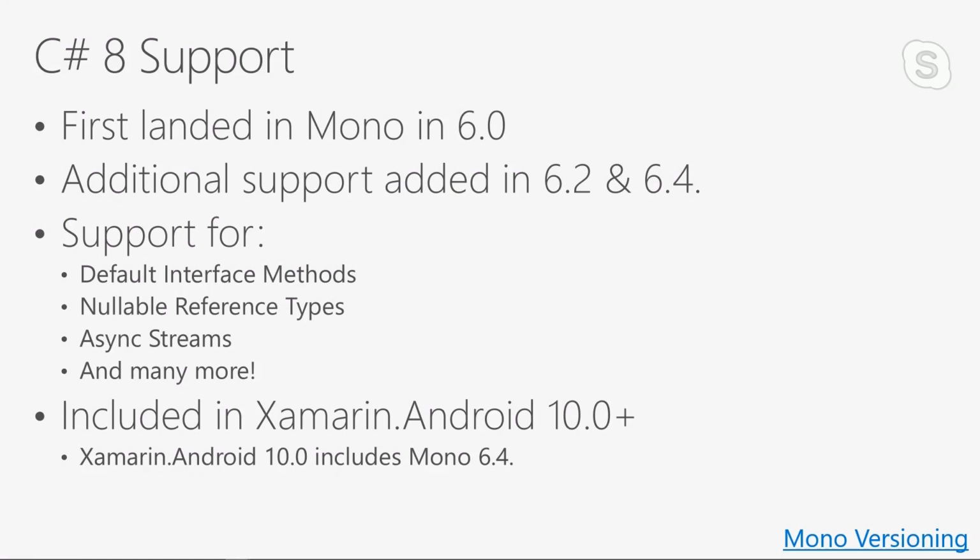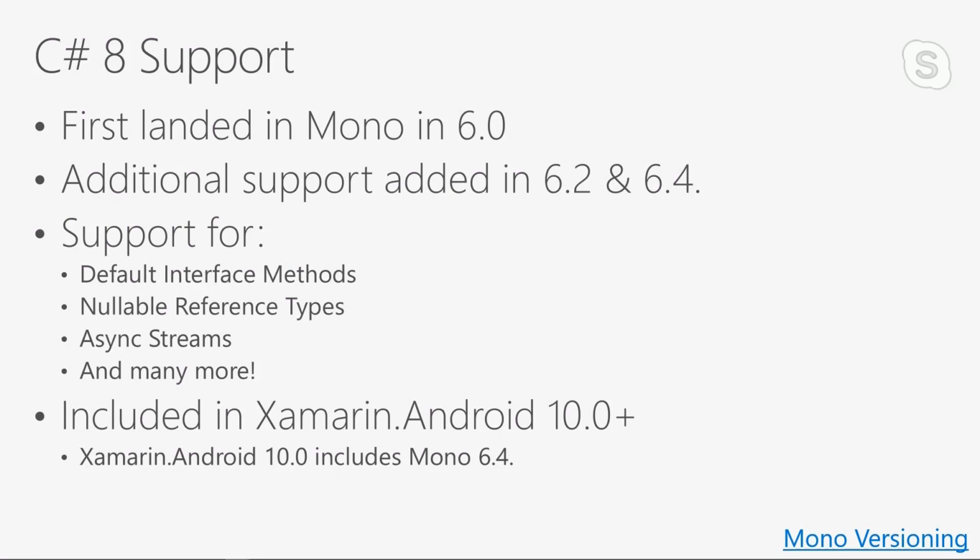This includes support for default interface methods, nullable reference types, async streams, and quite a bit more. The cool part is that this is included in Xamarin.Android 10.0 and above, which includes that Mono 6.4 version. So if you want to use C# 8 today within Xamarin, all you have to do is update to the latest stable, and you can get that today.